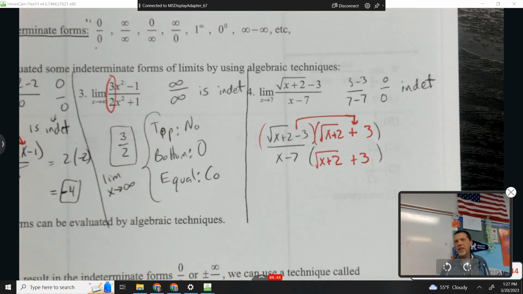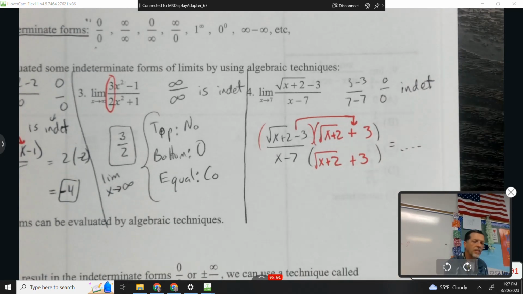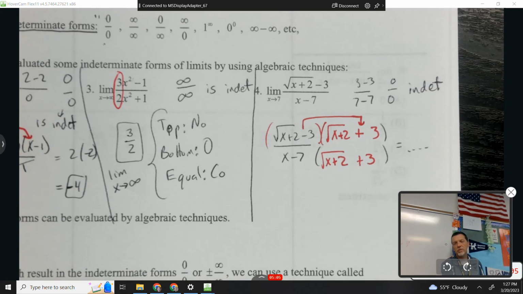And that would fix things, basically. We'll leave it alone. Basically, the top turns into x minus 7, and that cancels with the x minus 7 in the bottom, and then you're able to get an answer. There's a better way though, so we're going to leave that one alone.